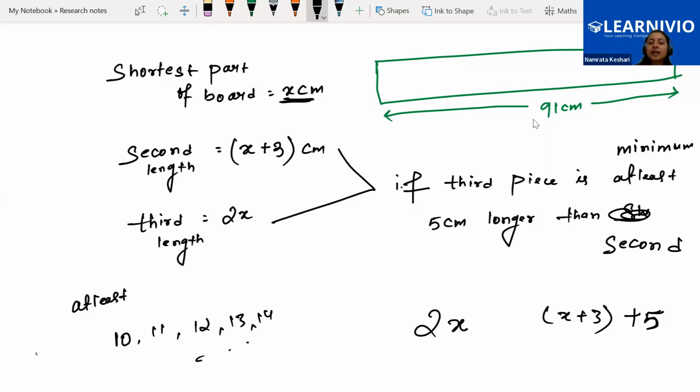Right? So can we write that 2x is at least minimum? That means it has to be greater than or equals to this part.